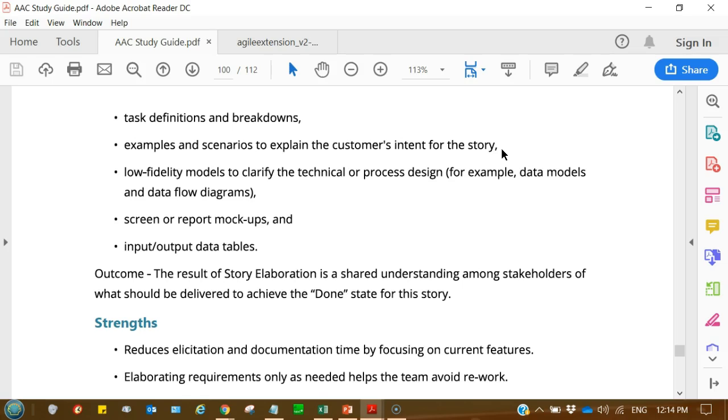Is it a situation where I'm paying by credit card? Is it a situation where I'm paying by check? Is it a situation where I'm not able to pay for it? Is it a scenario where I can only pay for part of the order? Is it a scenario where only part of the order is available? All of these are different scenarios around the idea of paying for an order.